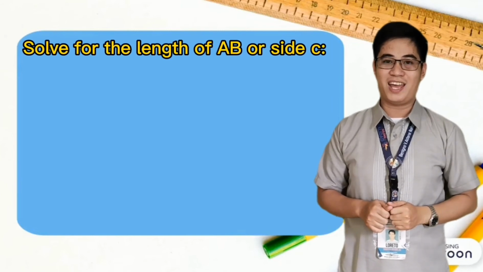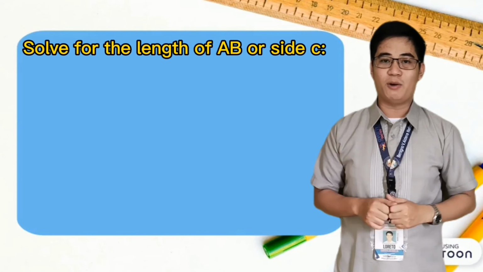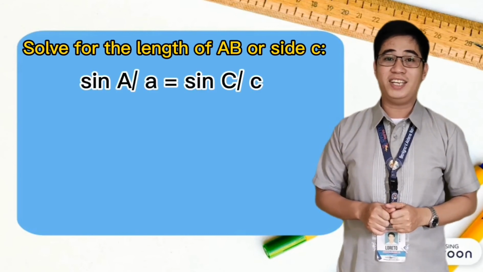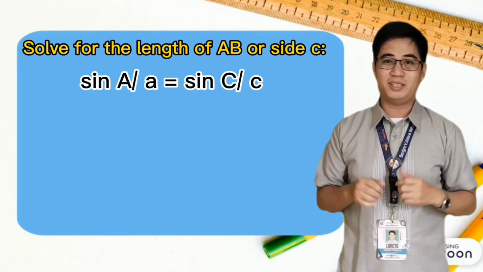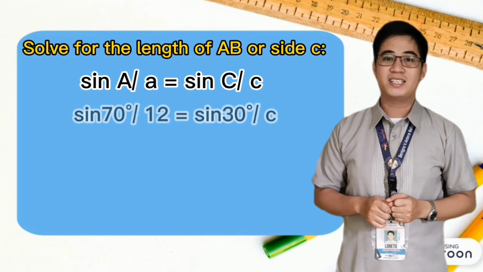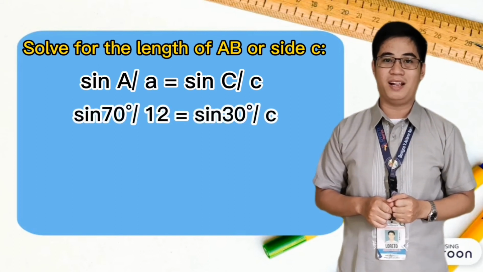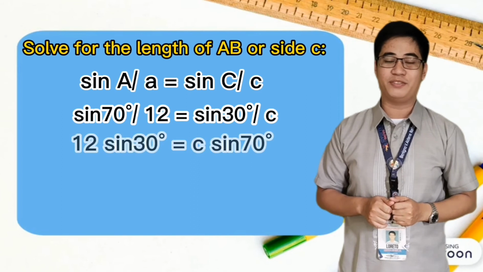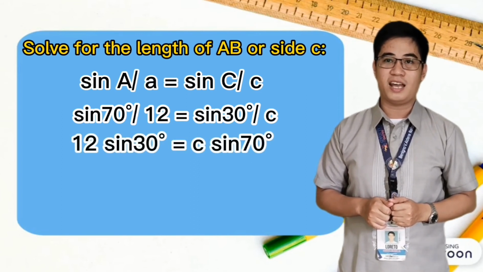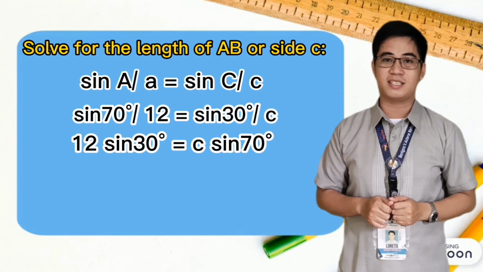Now, let us solve for the length of the segment AB or side c. The formula we're going to use is sine of angle A over a is equal to sine of angle C over c. Substitute the given values, we have sine 70 degrees over 12 is equal to sine 30 degrees over c. Cross multiply, we have 12 times sine 30 degrees is equal to c times sine 70 degrees.